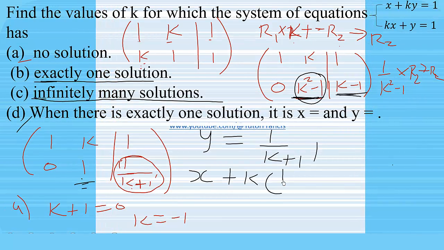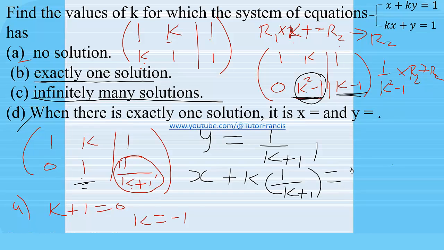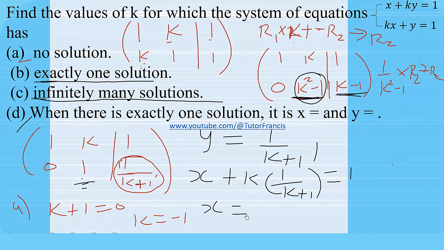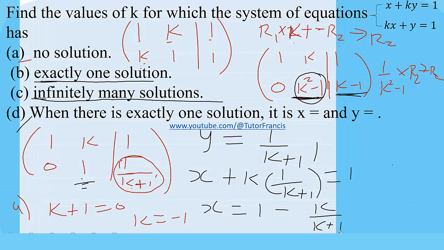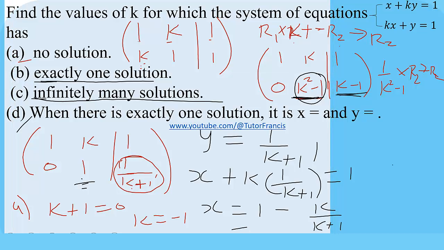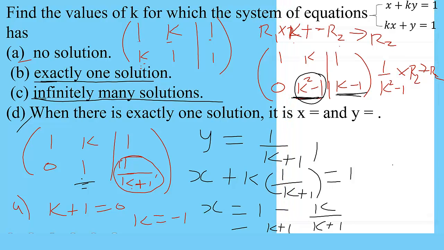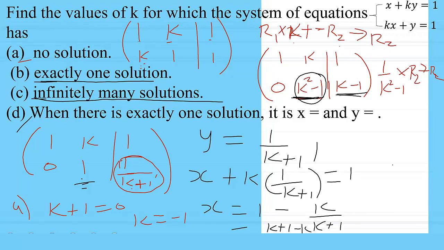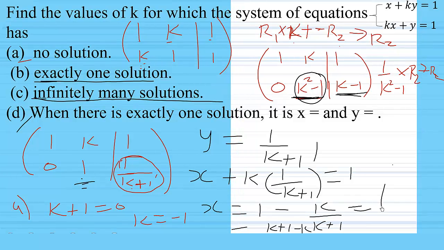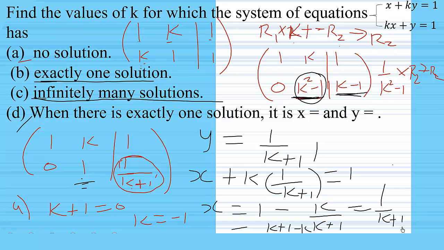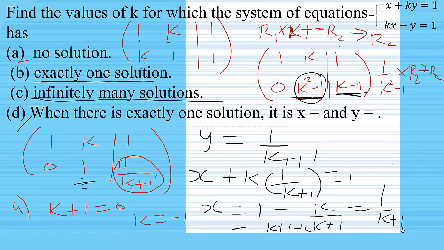So k times 1 over k plus 1 is equal to 1, so x will be equal to 1 minus k over k plus 1. And that will give us k plus 1 minus k all over k plus 1, which is equal to 1 over k plus 1. Therefore, x equals 1 over k plus 1 and y is also equal to 1 over k plus 1.